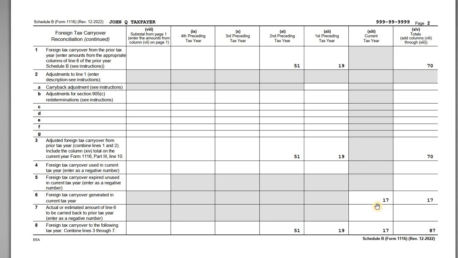So we use all of the current year tax up to $17 left over. We weren't able to use anything from 2020, nothing from 2021. So these amounts remain here on line 8 to be carried over to 2023. And then the current year credit carryover, $17, is also going to be rolling over to 2023.